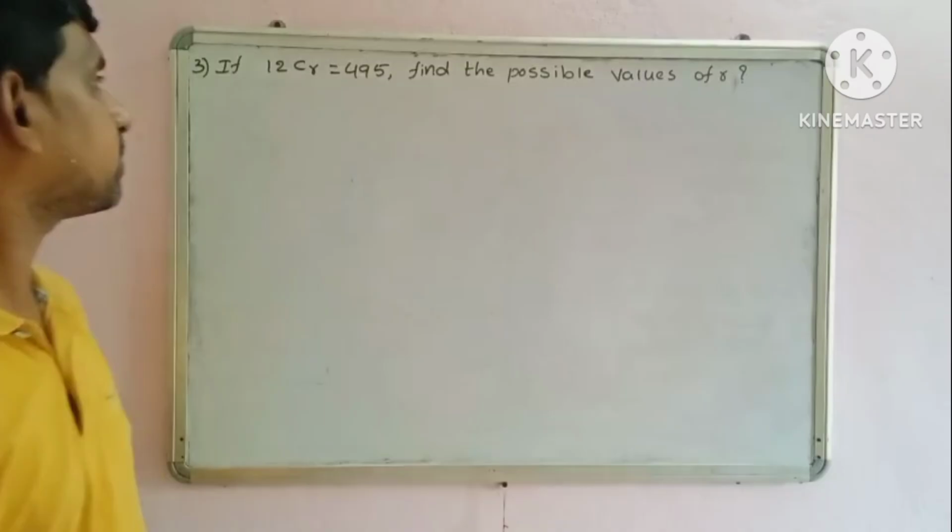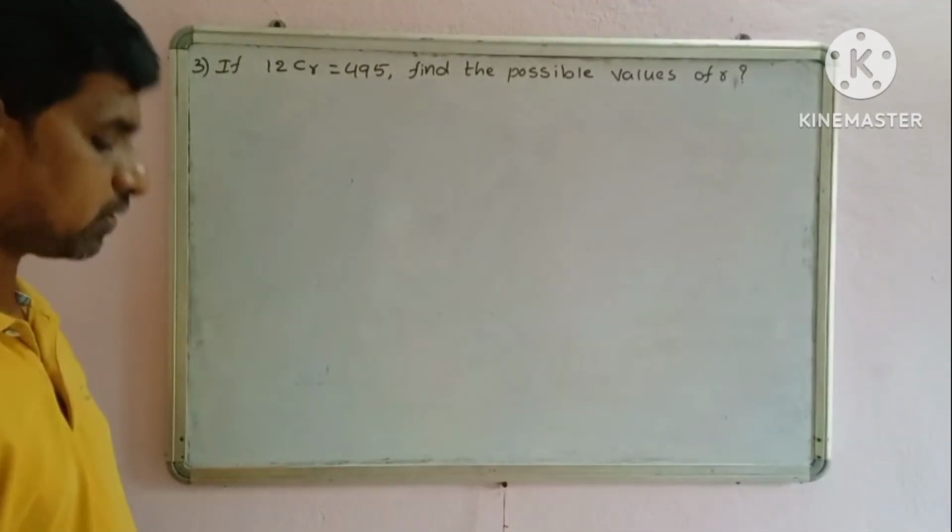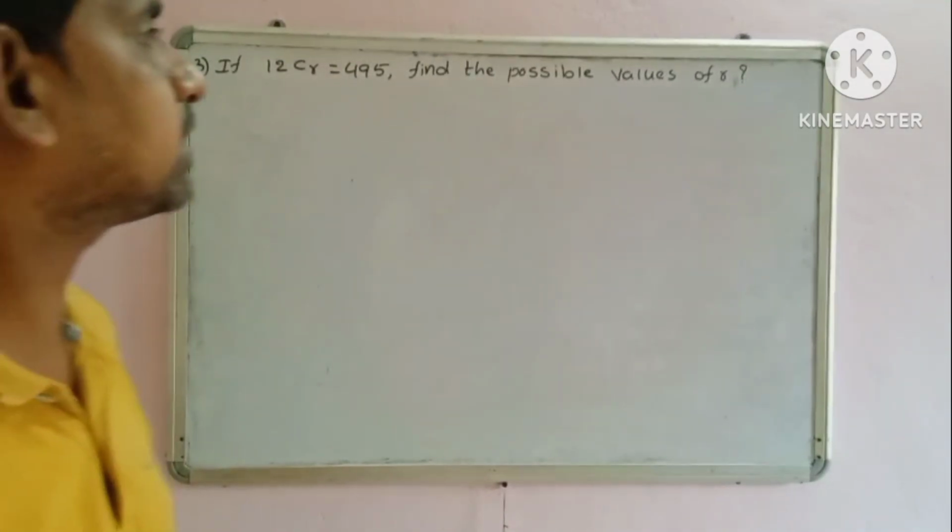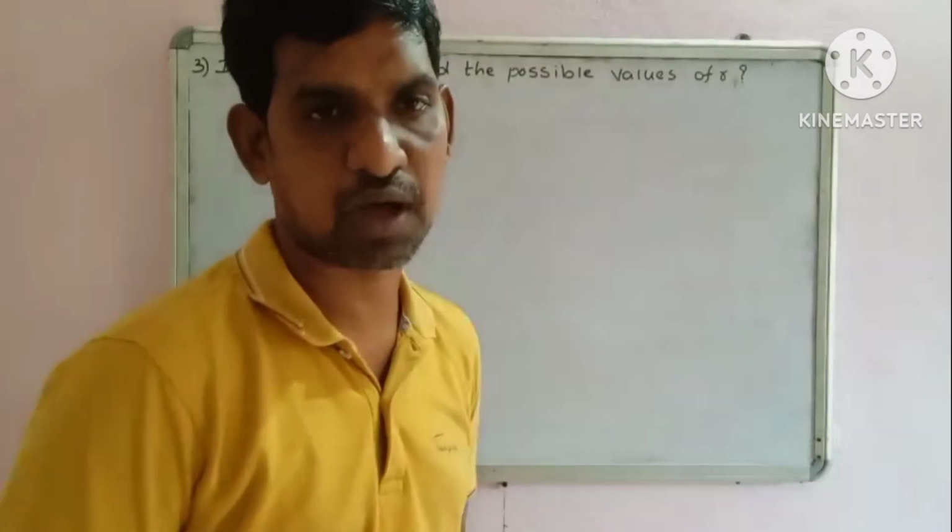Now see problem number 3. 12Cr equals 495. Find the possible values of r.